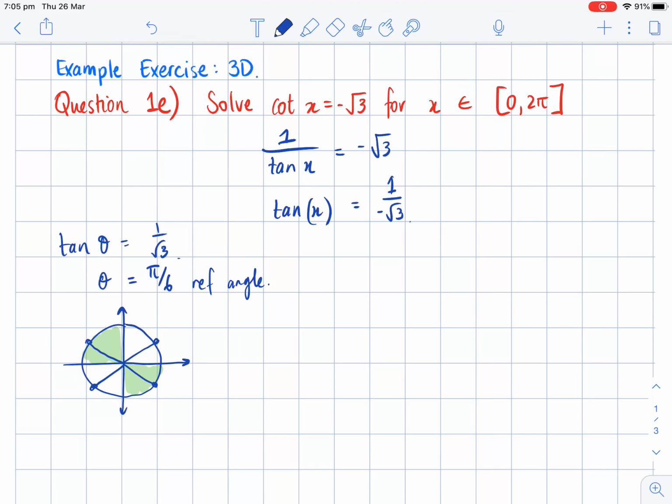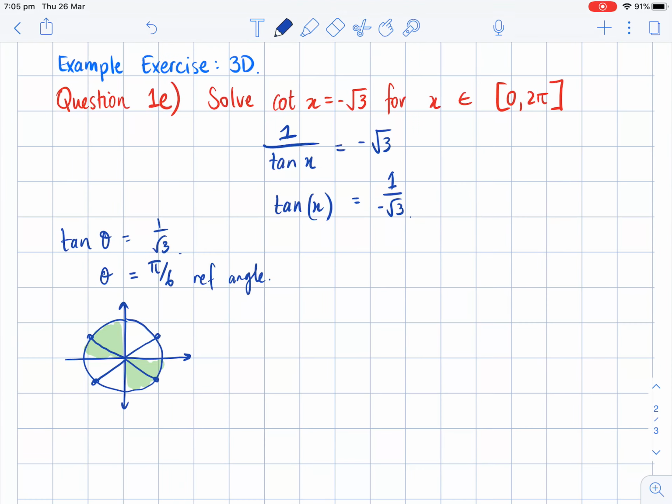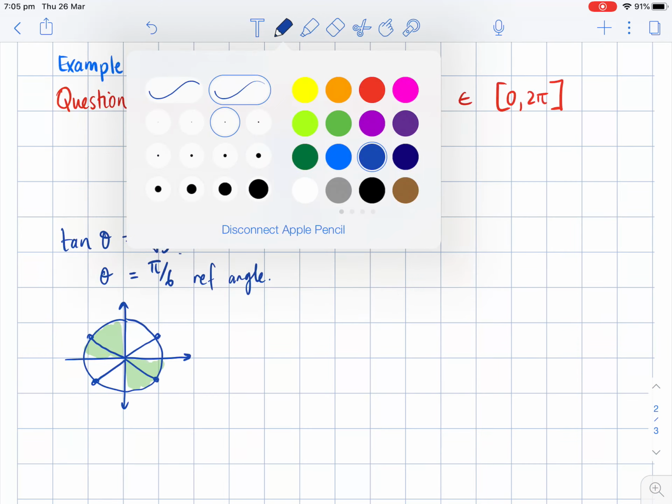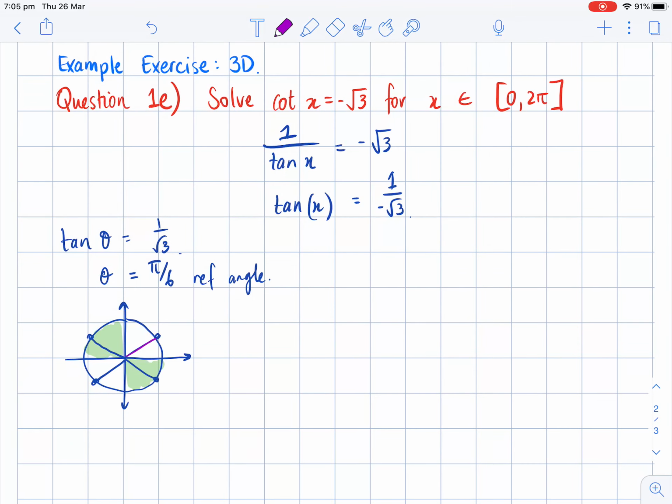So for this first solution, I'll use a different colour. There is 1 pi on 6, 2 pi on 6, 3 pi on 6, 4 pi on 6, 5 pi on 6, 6 pi on 6, 7 pi on 6, 8 pi on 6, 9 pi on 6, 10 pi on 6, 11 pi on 6.